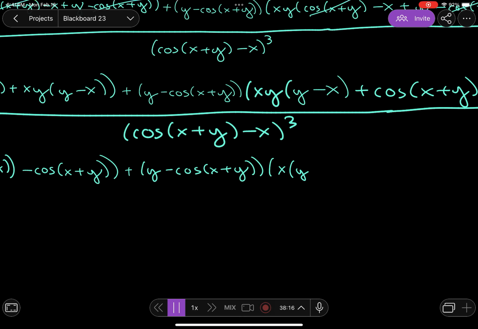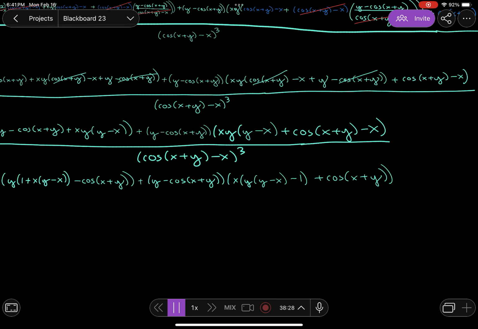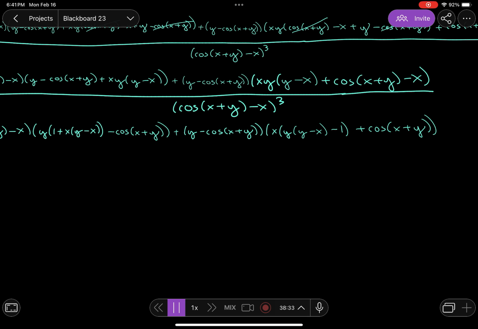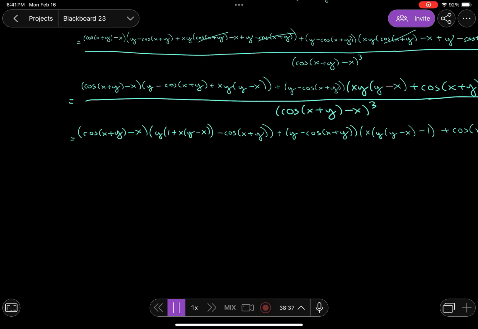Yeah, y times y minus x minus 1 plus the cosine of x plus y. Interesting. I feel like something's going to happen. Now the question is, should I send it and FOIL both of these?